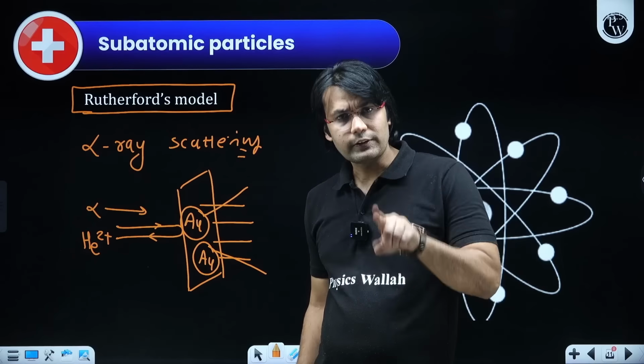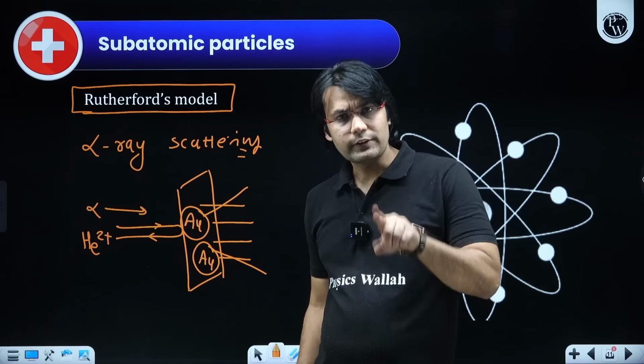Whenever you take a metal surface whose ionization energy is low, that means from that metal, electrons can be easily ejected. When light, a photon, strikes the metal surface, electrons absorb energy from this quanta, from this photon, and after absorbing energy, these electrons are ejected. That phenomenon is called the photoelectric effect.